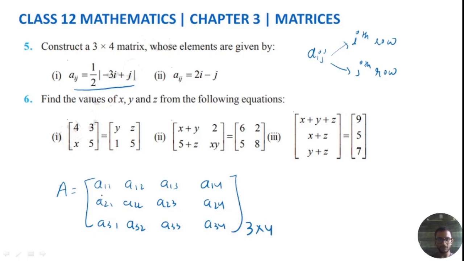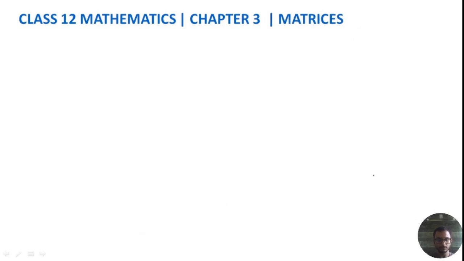Now we have to find this matrix with terms given as Aij equals 1 by 2 modulus of minus 3i plus j. So let's find it. So Aij is given as 1 by 2 modulus of minus 3i plus j. Is this correct, right? Yeah, minus 3i plus j.